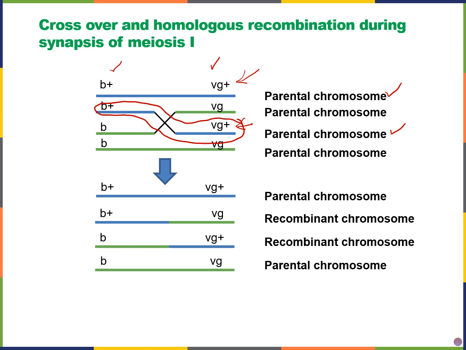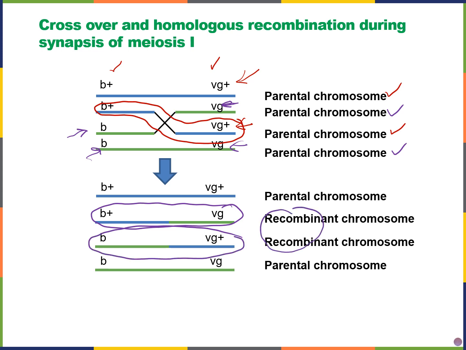And then the other parent would have the mutant alleles on the same chromosome for the other parental chromosomes. After crossing over between the non-sister chromatids, you generate your recombinant chromosomes, which you did not previously have.